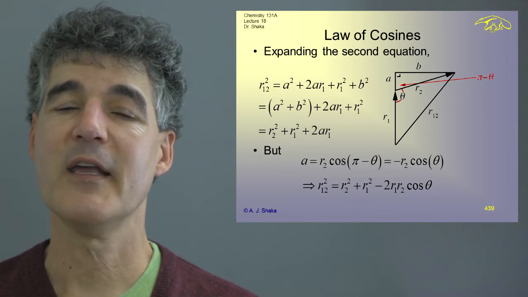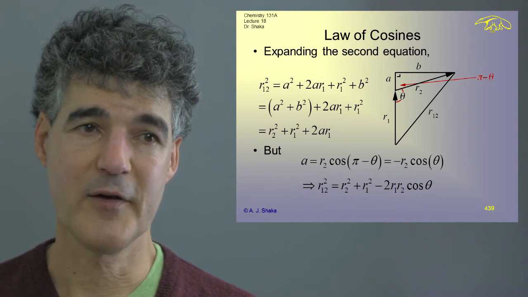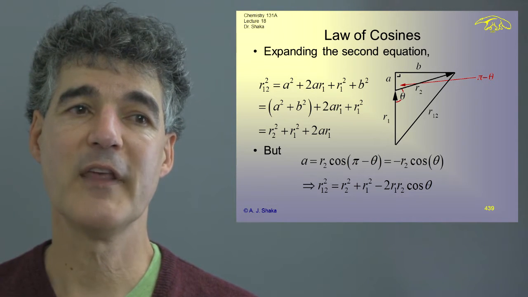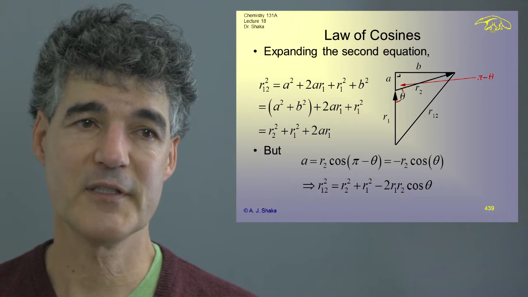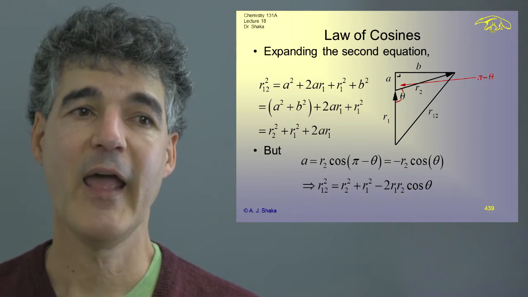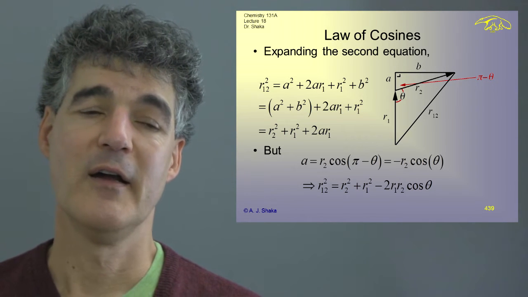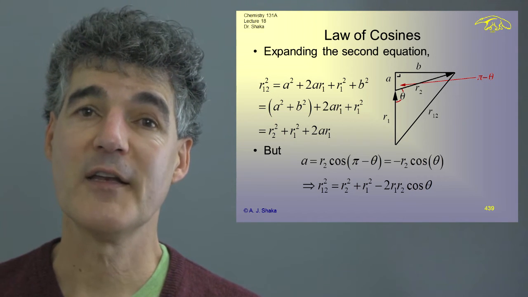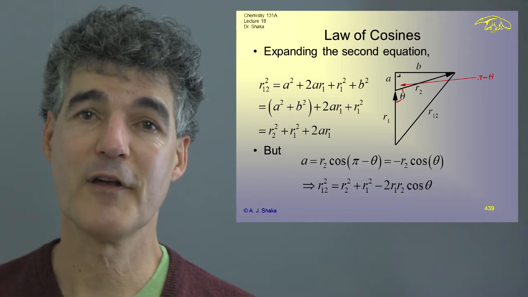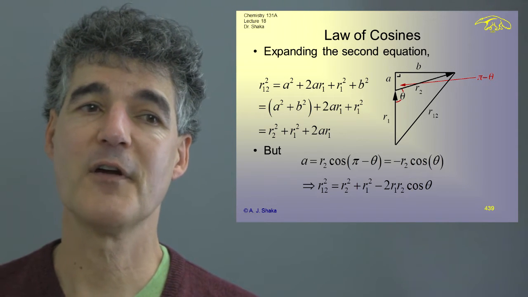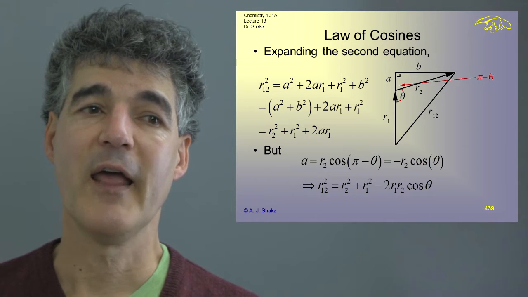But luckily, a by that triangle is equal to r1 times cosine of the angle that's nearest to a, and that angle is pi minus theta, and therefore I could go back to Euler's identity and put in e to the i theta and figure it out, but I know in fact it just changes sign, so that's minus r2 cosine theta, and that's a.